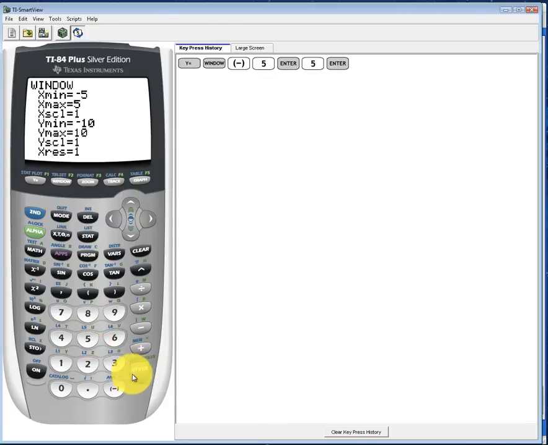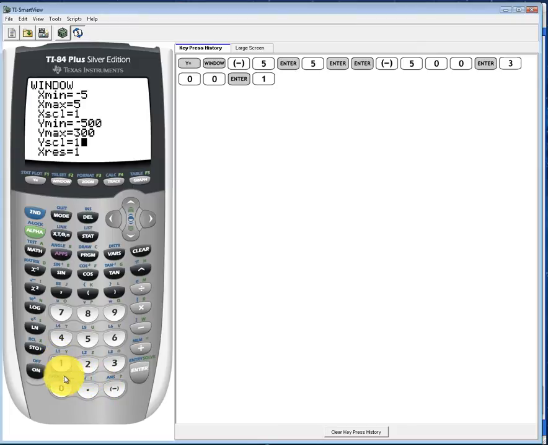And the Xscl is going to be 1. On the y-axis, we're going to go from a minimum of -500, to a max of 300. But we want the Yscl to be 100 because we want a tick mark every 100. And we'll leave the Xres alone, just whatever it is.